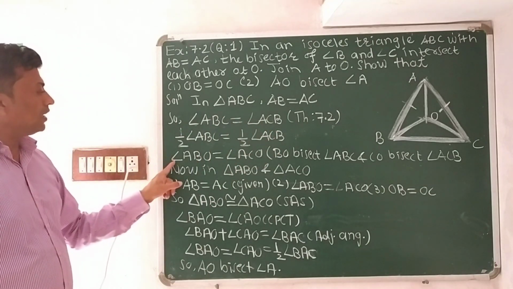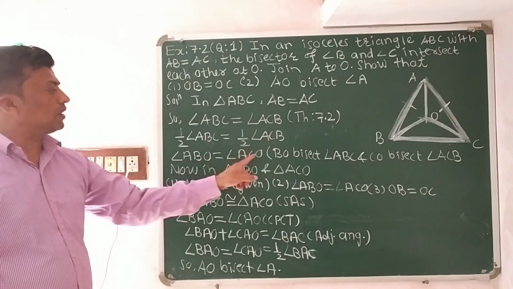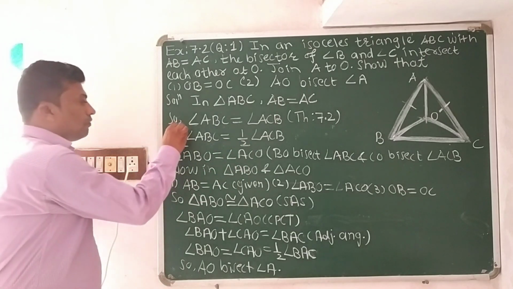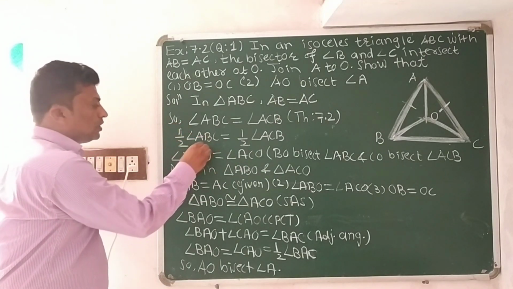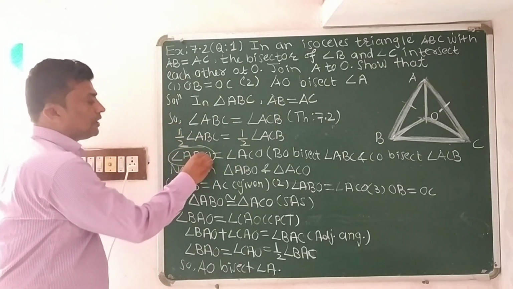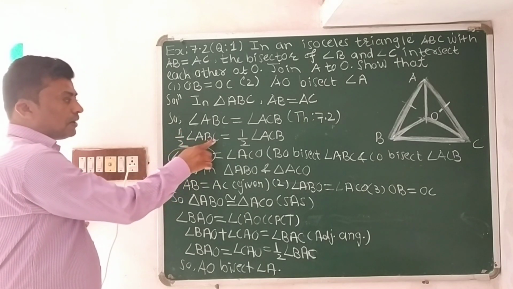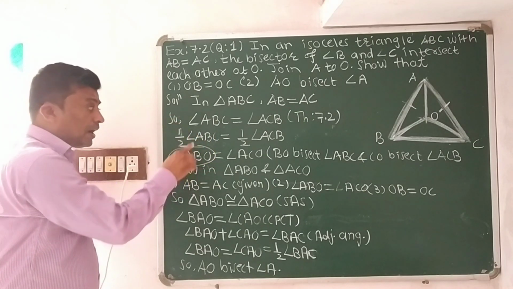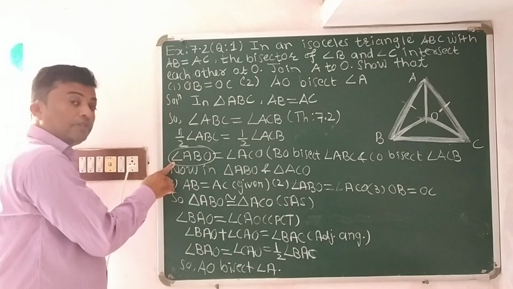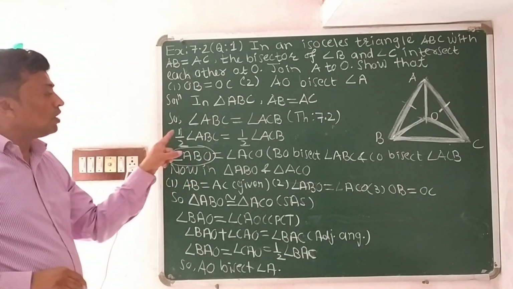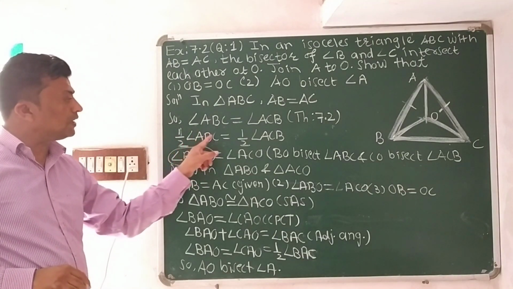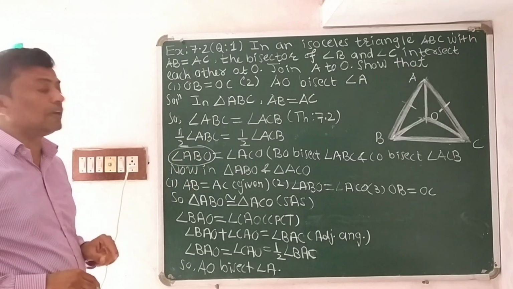Now see children, angle ABO is equal to angle ACO. 1/2 angle ABC we can write as angle ABO. Why can we write 1/2 angle ABC is equal to angle ABO?